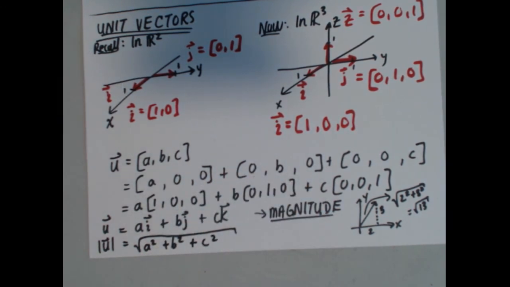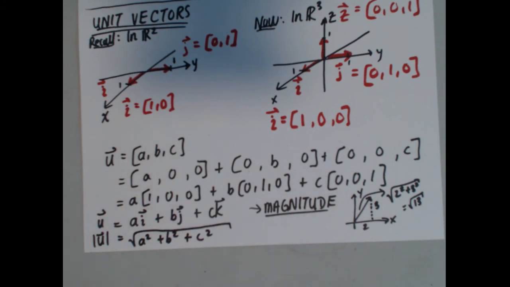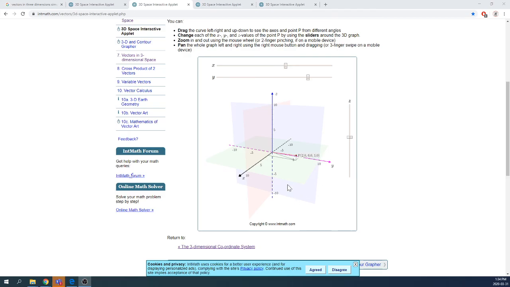If that's not sitting well with you for some reason, just go back to the applet for a second. I really like this applet because it shows you each of the pieces here. Now, what I want you to notice is this line here. This is the distance along the y. That's 6 units, so from here to here, that's 6 units. The x is 2 units.